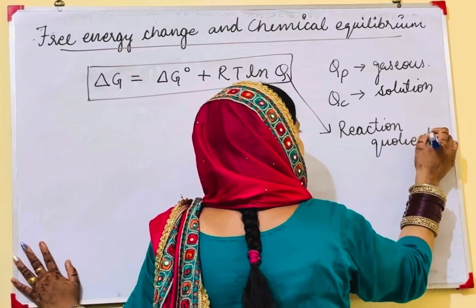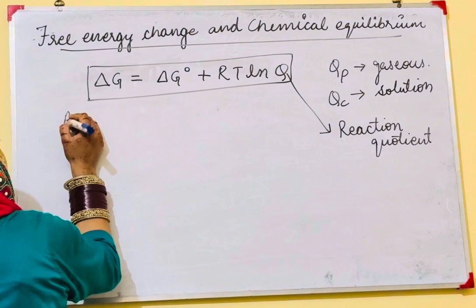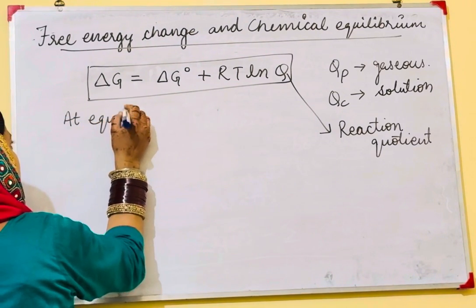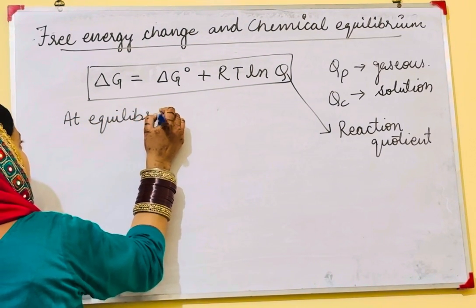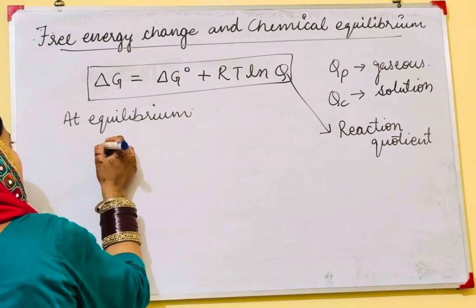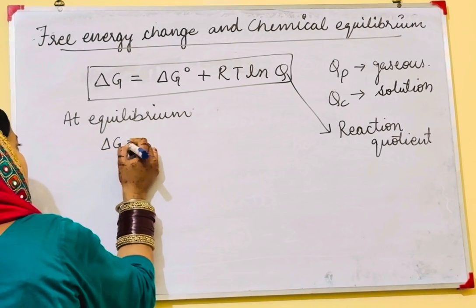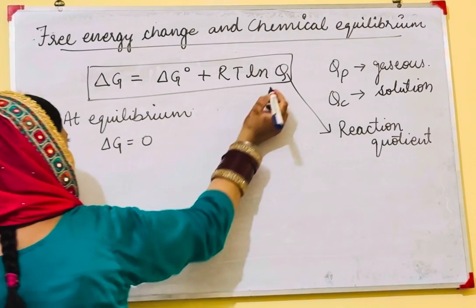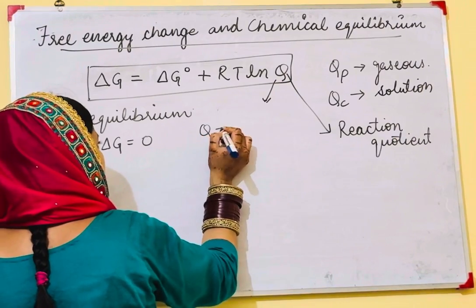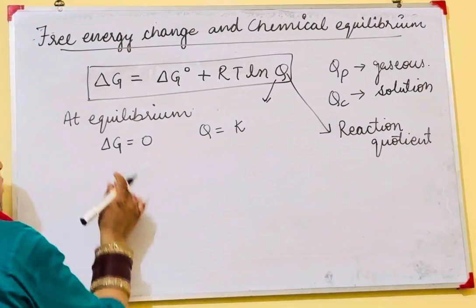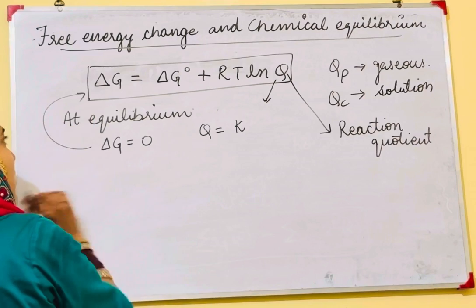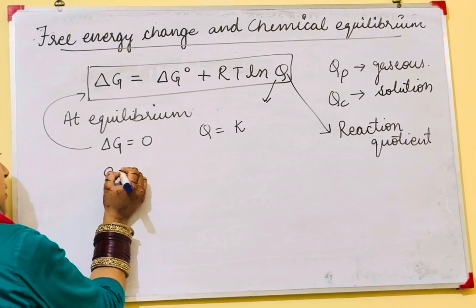Now, what will happen at equilibrium? At equilibrium, we already discussed that the free energy change is equal to 0 and Q will be equal to K. So when we substitute these values in this equation, what do you get?